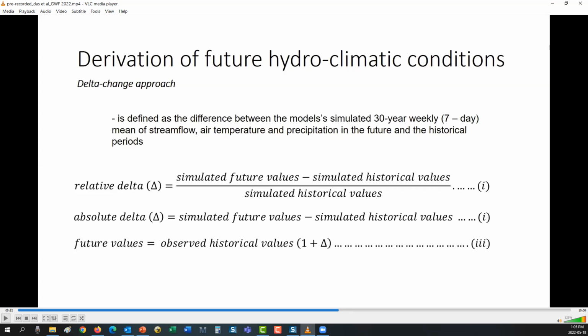The relative delta is more of a percentage change. For the absolute delta values, you're looking at the simulated future values minus the simulated historical values. And the relative one would just be a percentage. And then for our future values, we take our observed historical values and add this delta that we're calculating from our simulated values.